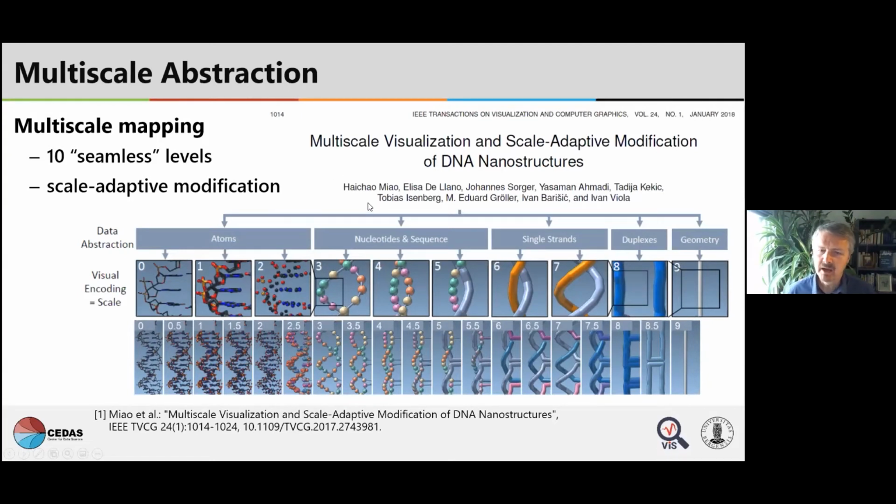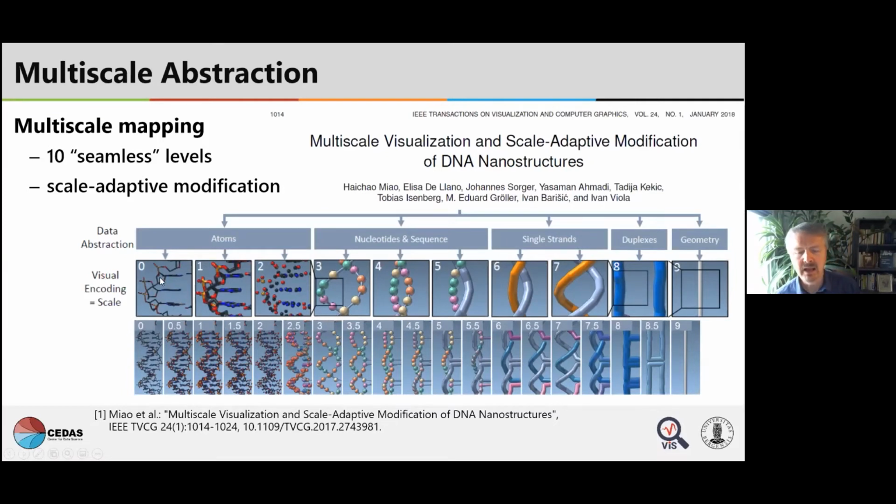In this work by Hauser, he was a PhD student of Ivan Viola, and colleagues as well, they represented atomic and molecular models of DNA nanostructures at 10 different scale levels, which they were also able to smoothly interpolate.